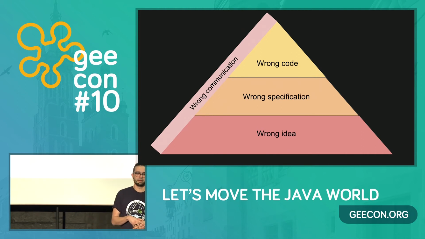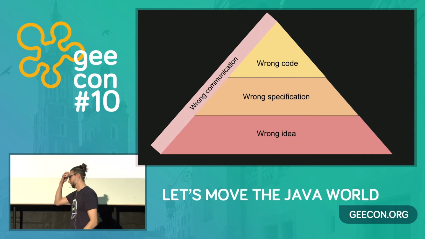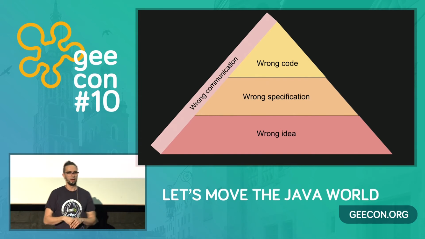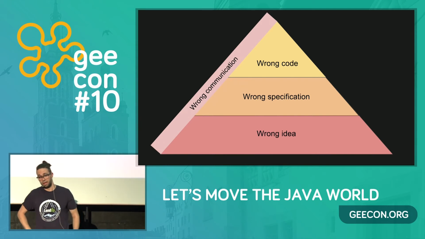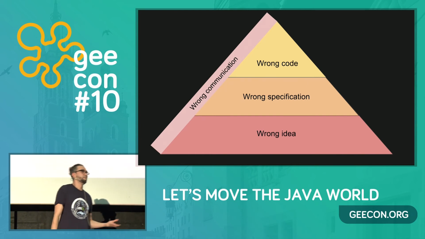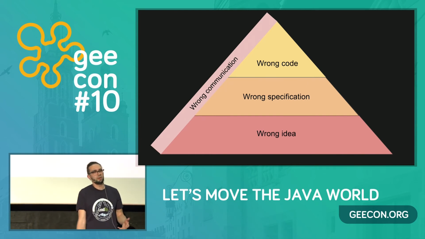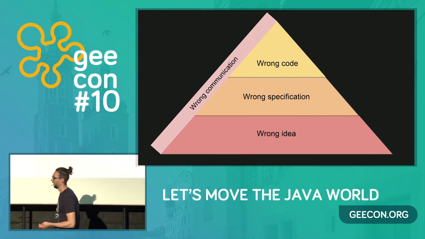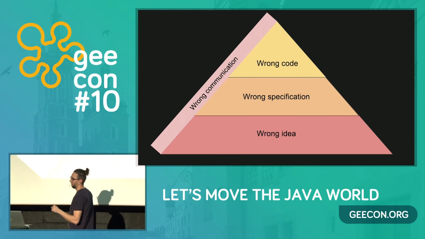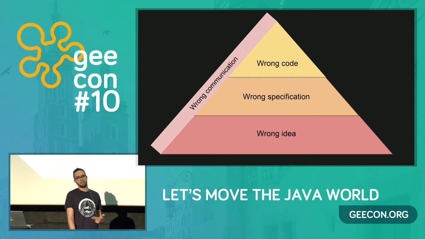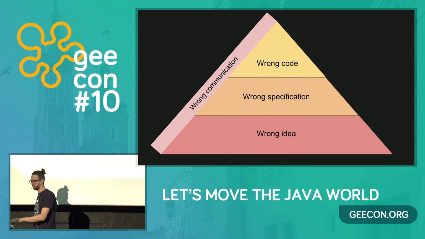There are certain processes and initiatives that try to deal with the wrong specification, but the wrong idea is something that's still at the discovery level. So what if we write good code for the wrong specification? It's probably better to have a good specification with wrong code. And similarly, what if we have perfect code, a perfect specification, but a wrong business idea? This is a lost effort.